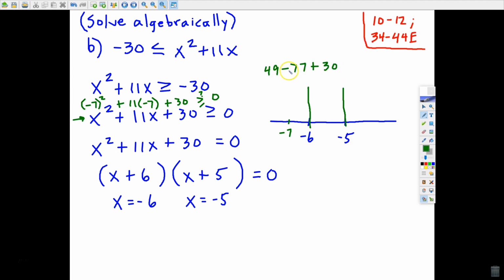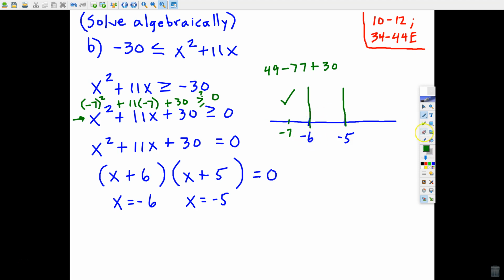That's negative 28 plus 30, which is 2. Is 2 greater than or equal to 0? Certainly is. So the numbers that are less than negative 6 are going to make this inequality statement true, because we found one number that makes it true, therefore they all have to make it true.